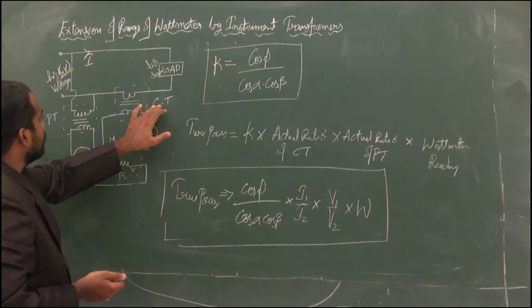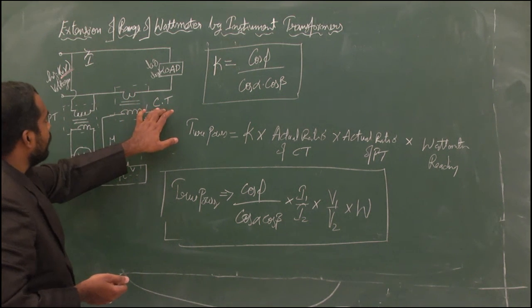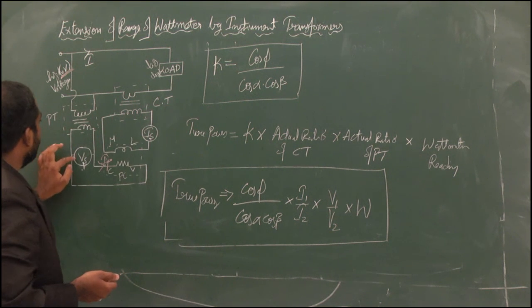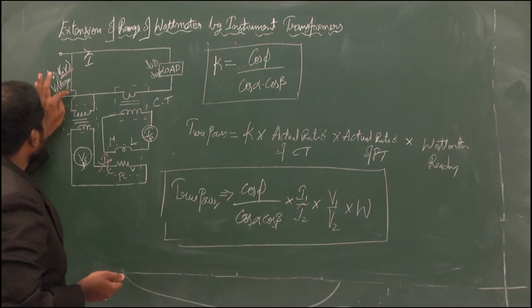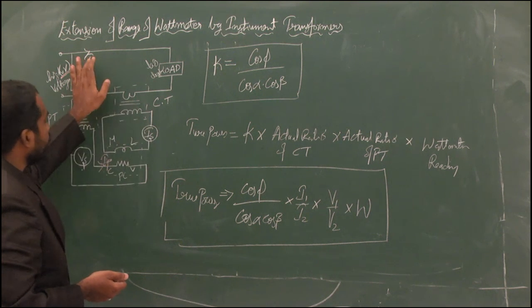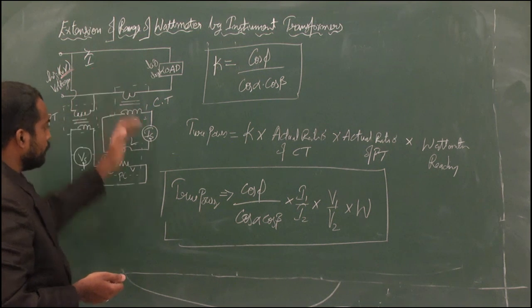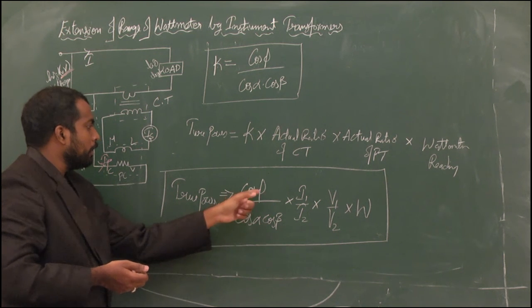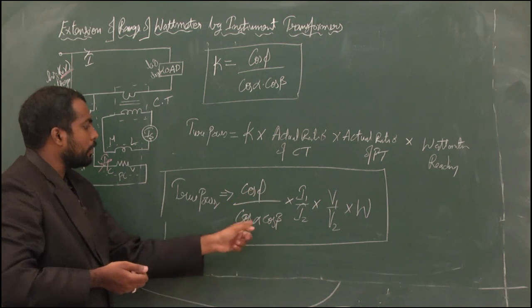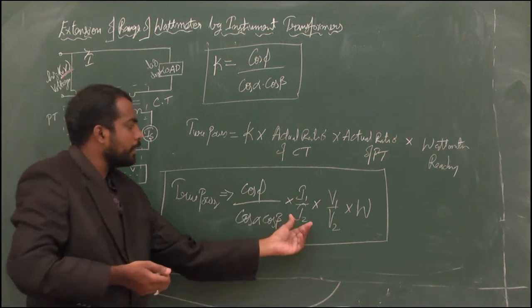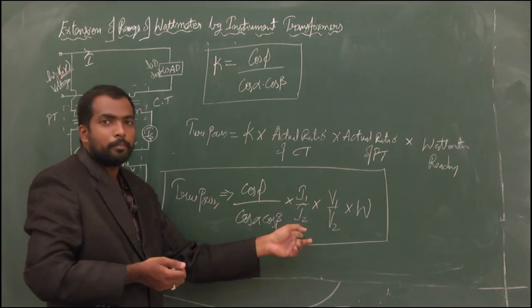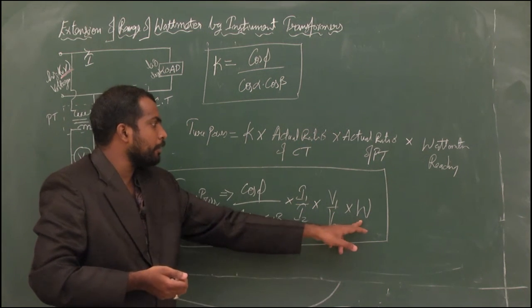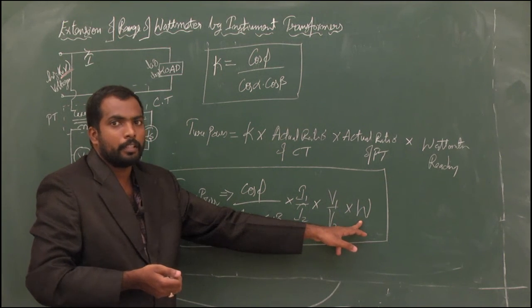If there are no errors due to CT and PT, then we will have coincidence of the current IS through the CT with respect to load current I, and coincidence of voltage vector VS with respect to V. Finally we calculate true power with the formula cos phi by cos alpha cos beta into the ratio of the current transformer I1 by I2, and the ratio of the potential transformer V1 by V2, into the actual reading of the wattmeter W.